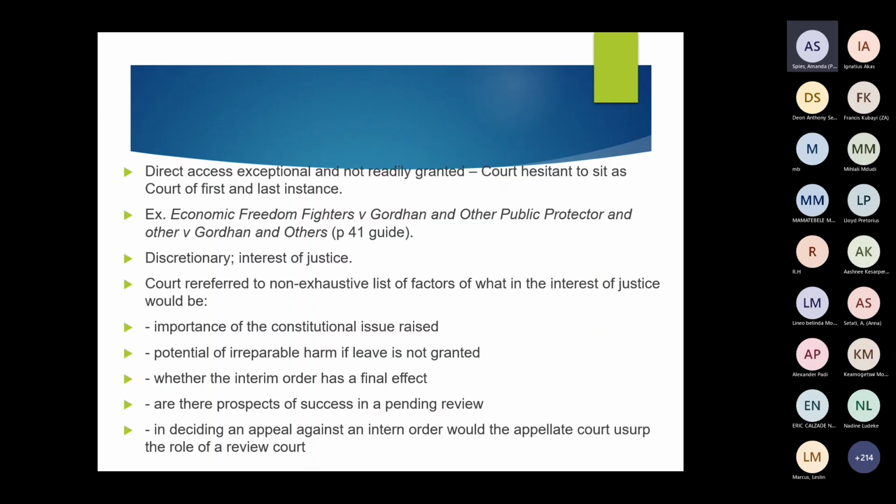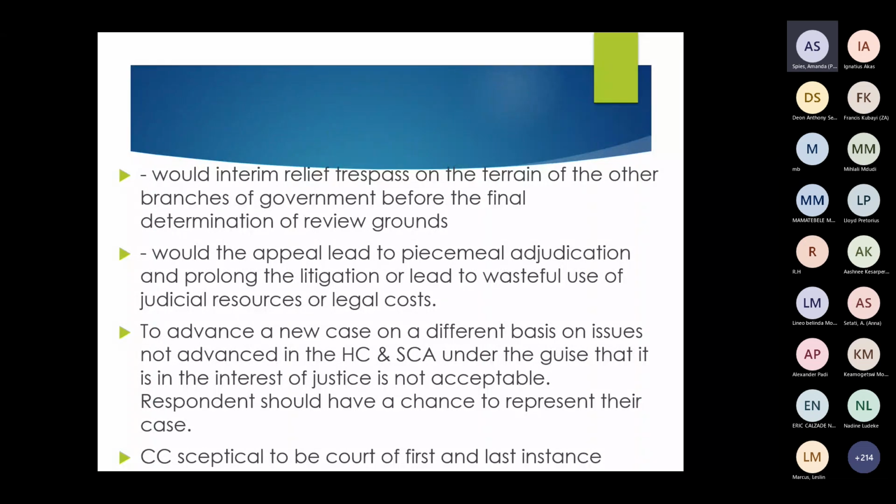Would the appellate court usurp the role of a review court? Would interim relief trespass on the terrain of the other branches of government before the final determination of review grounds? Would the appeal lead to piecemeal adjudication and prolong the litigation, or lead to wasteful use of judicial resources and legal costs?